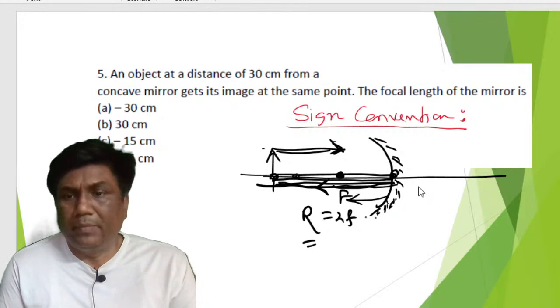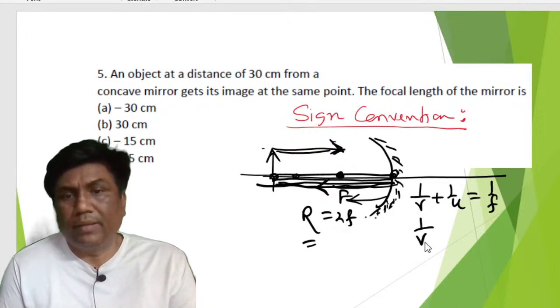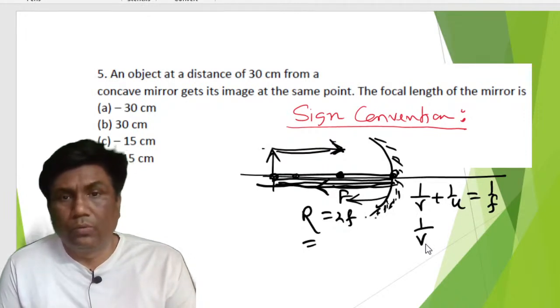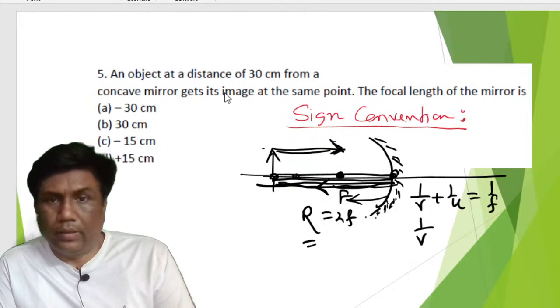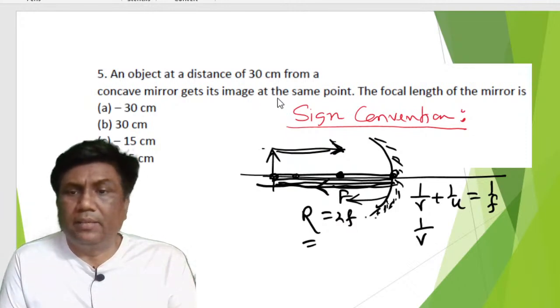If you apply the mirror formula, 1 by v plus 1 by u equals 1 by f. 1 by v we do not know, but we know it because the object and image are at the same place only.